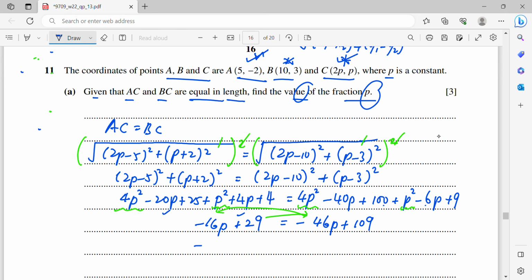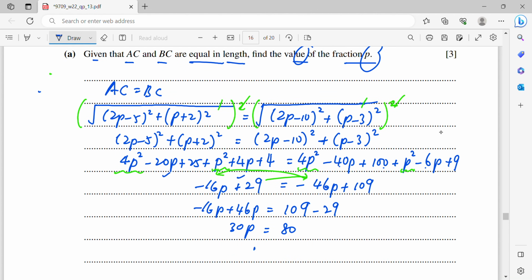So minus 16p plus 46p equals 109 minus 29. So the left hand side will be 30p, the right hand side will be 80. Therefore, p is 8 over 3. Okay, that's the value for p.